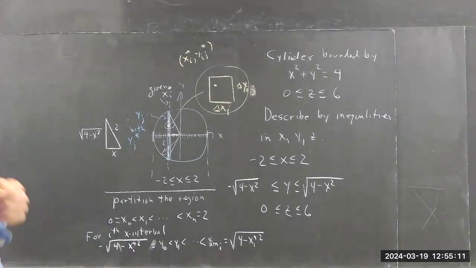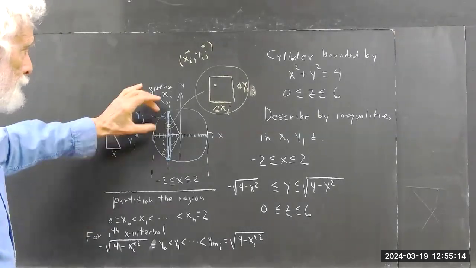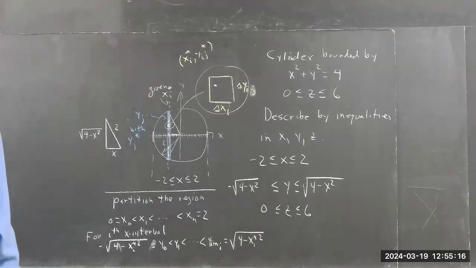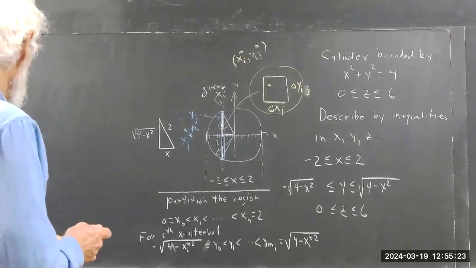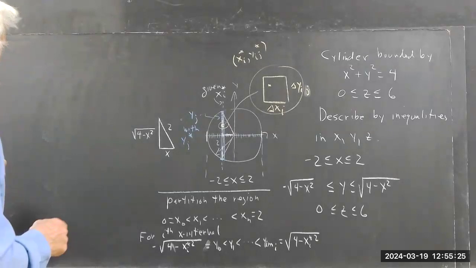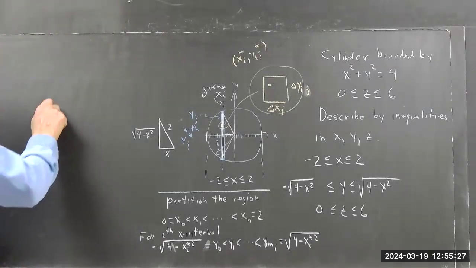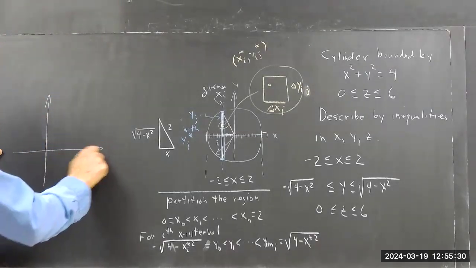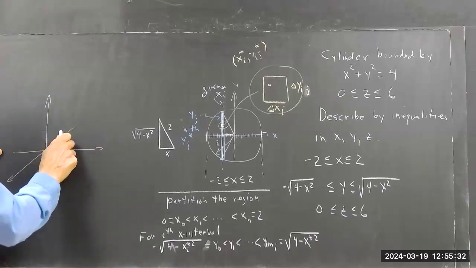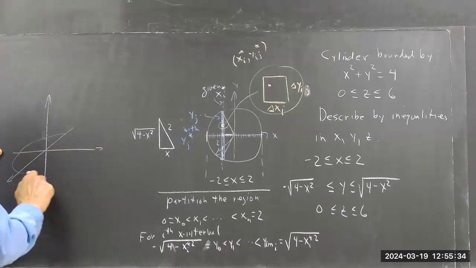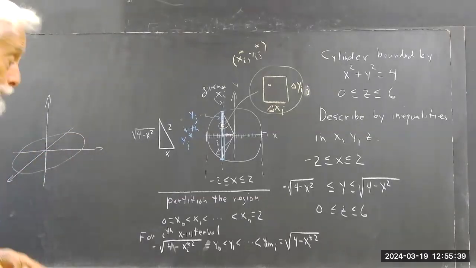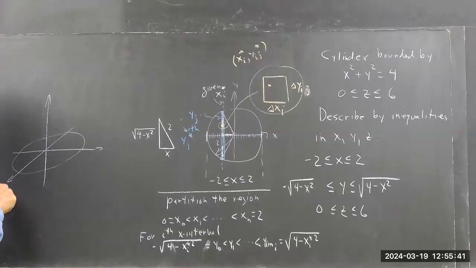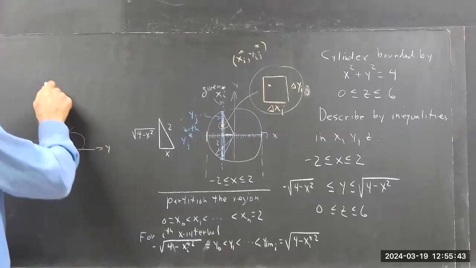Well, that's great, but we've been in two dimensions here. Now we've got to stack your z partition on top of that, right? So now we have to kind of visualize this in 3 dimensions. So our picture is going to start looking like this. Here's our circle of radius 2 in the x direction. Here's x, here's y, and here's z.